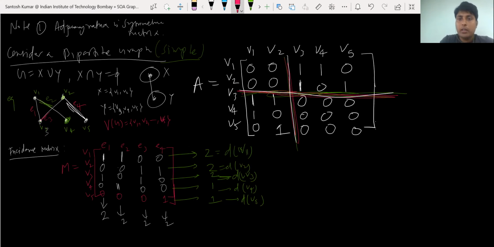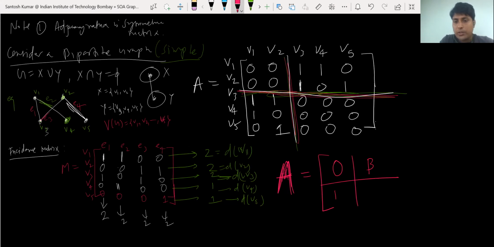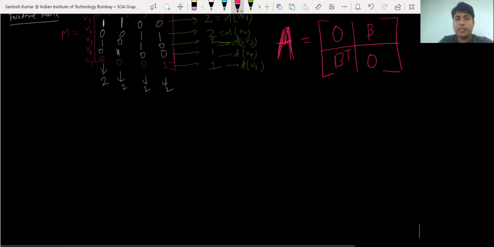Okay. So what you can notice, I can write A as something like, so A you can write a zero matrix here. Suppose it is B. So here you have B transpose. Here it is zero. So any simple bipartite graph you consider, your adjacency matrix will be like this.